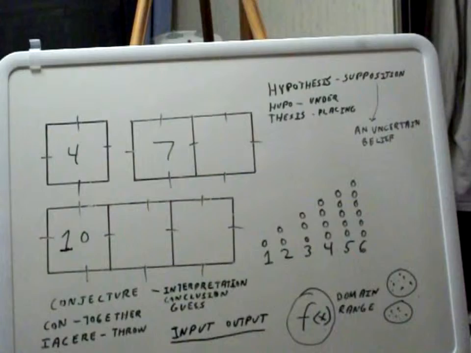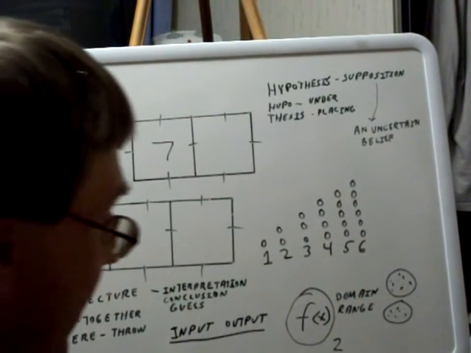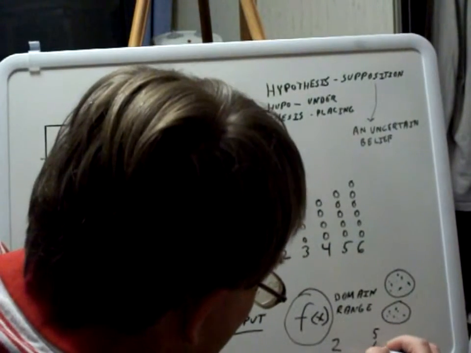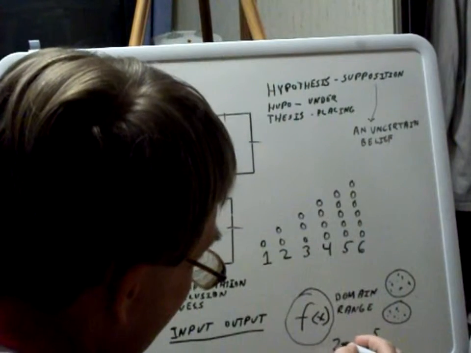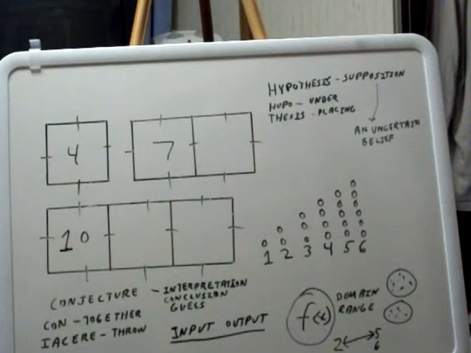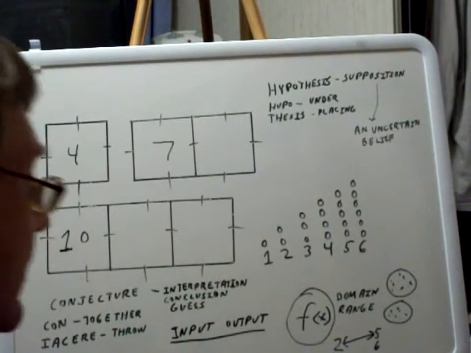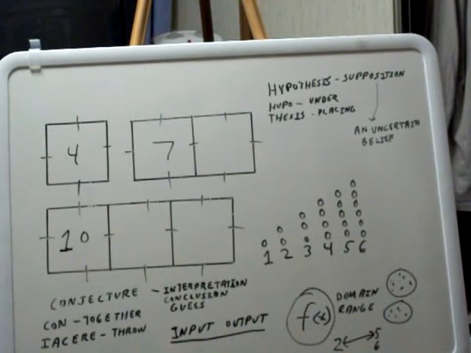You say, well, I'm still confused. Let's say the number 2 was in the domain, and let's say the numbers 5 and 6 are in the range. Now, we will pair off the 2 and the 5. Okay? Now the thing is, 6 can marry 2 also, but 2 can't marry 6. You say, well, doesn't that contradict itself? Well, kind of, sort of, but I think you're finally getting the idea.